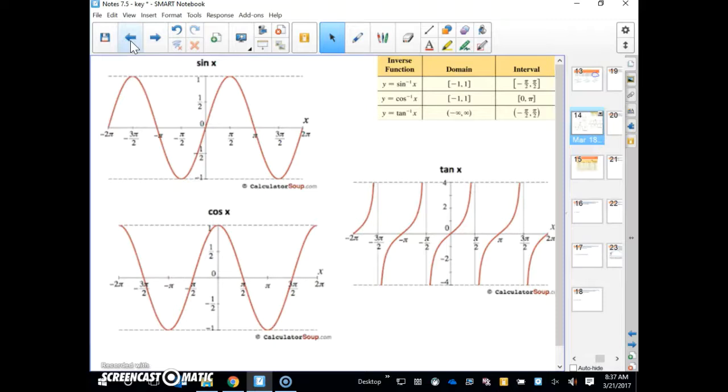Here was an extra slide. I don't think you have this, but I wanted to highlight the restriction. If you're looking at the graph of sine x, we can tell it's not 1 to 1, and so that's why they've restricted it. What you do is restrict it to just this part, and notice just that part goes from negative pi over 2 to positive pi over 2.